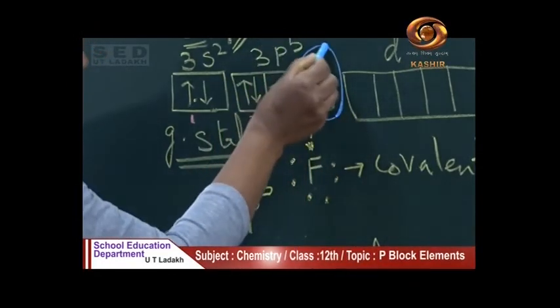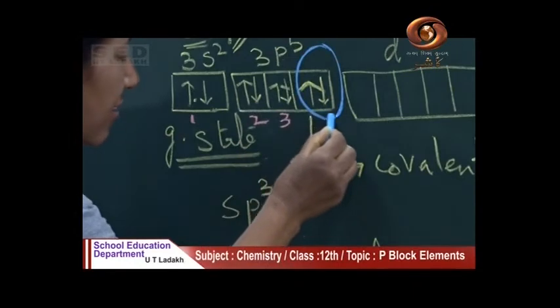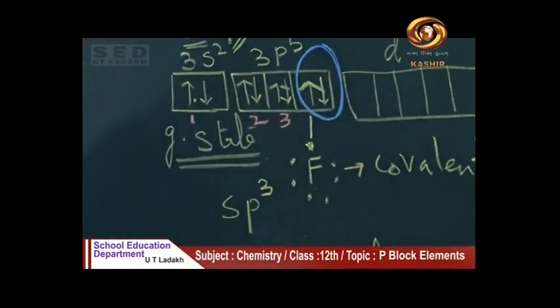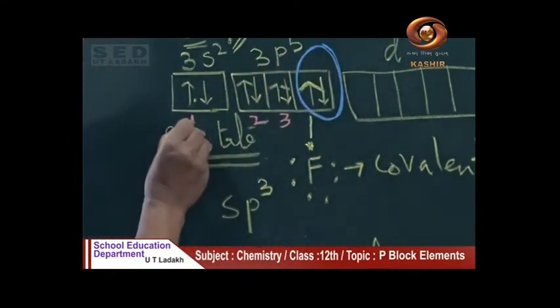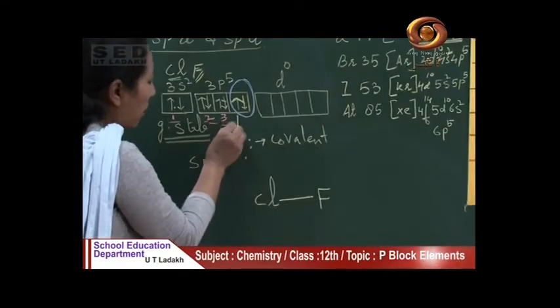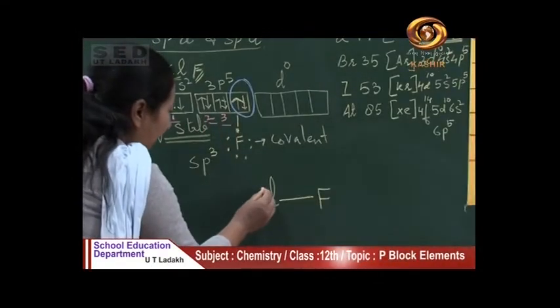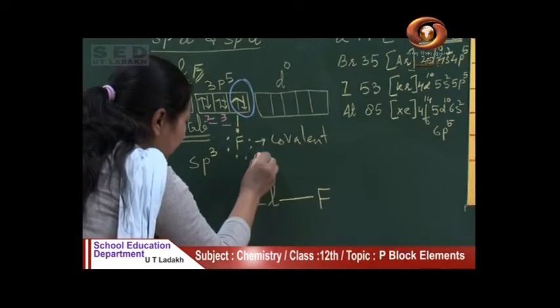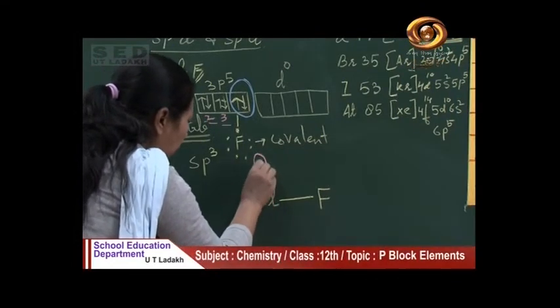I will mark it with a circle. This is a bond pair, and the other 3 are lone pairs. So I will write these lone pairs in pink color.